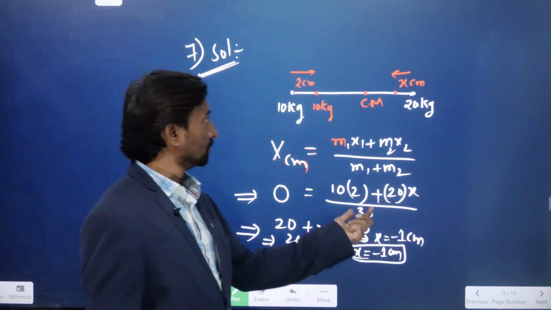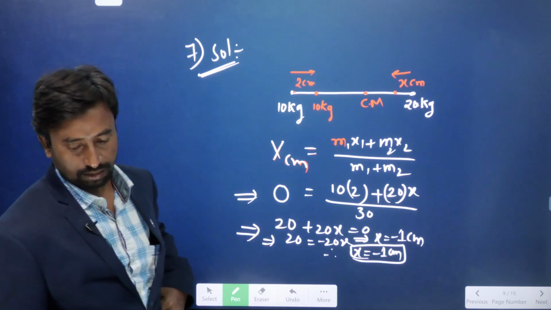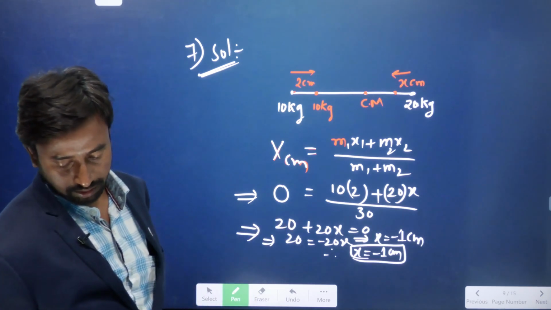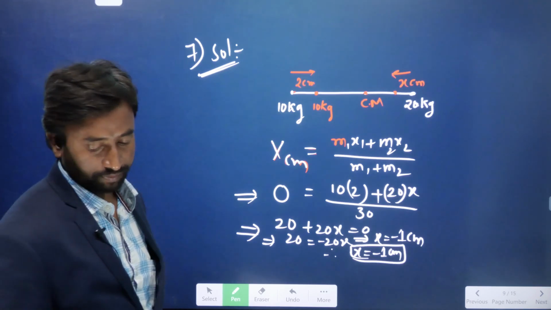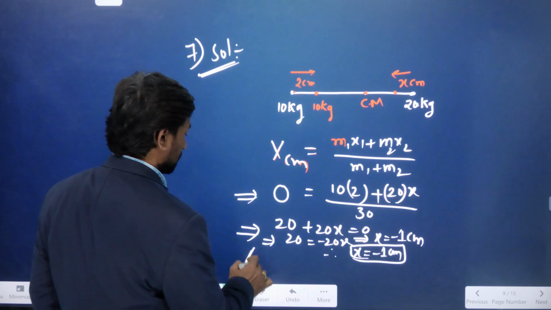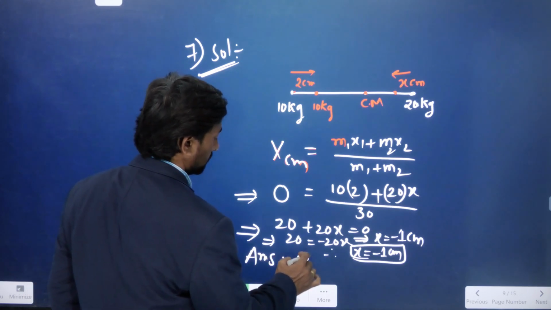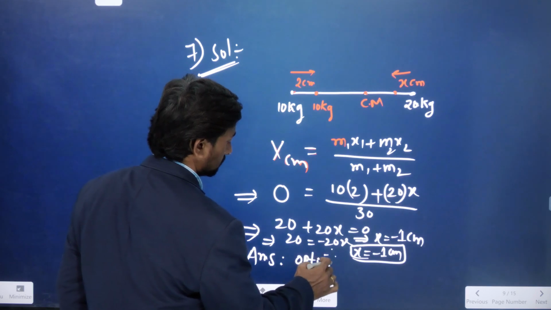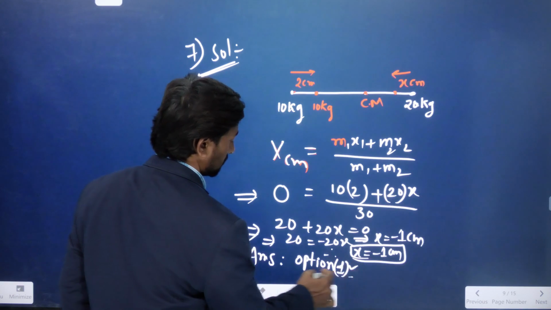Minus indicates towards the left, towards the negative x-axis. So the correct answer is 1 centimeter towards the left. Therefore the correct option is option 1, the first option.